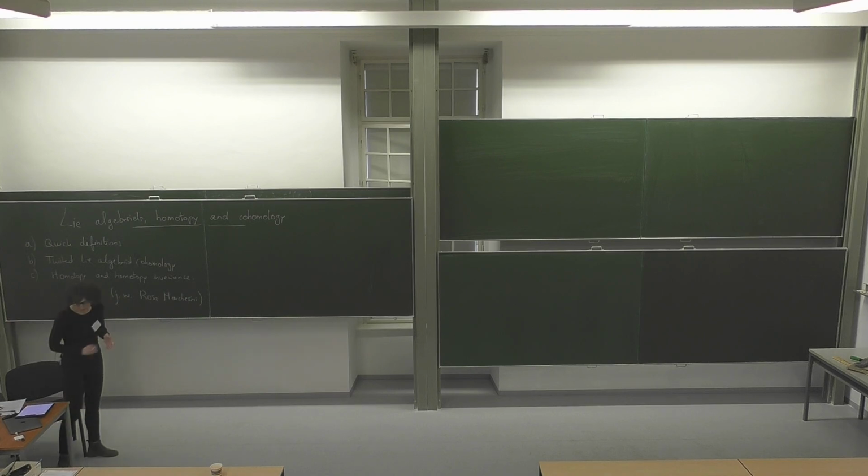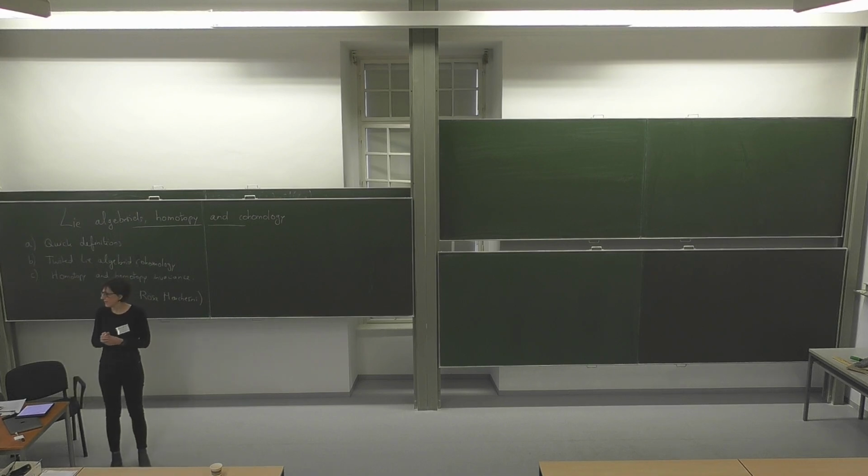Right, so the topic of my mini course is Lie algebroid cohomology and ideals in Lie algebroids. The goal is to tell you about Lie algebroids. I think this is not standard for everyone here, but mostly I'll tell you about my research on ideals in Lie algebroids and obstructions to them.